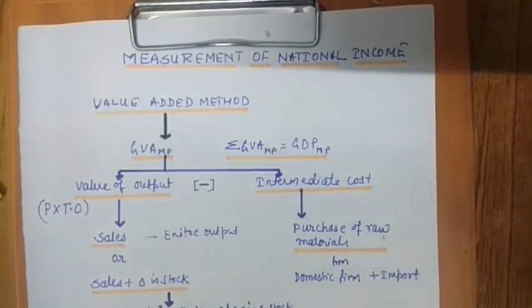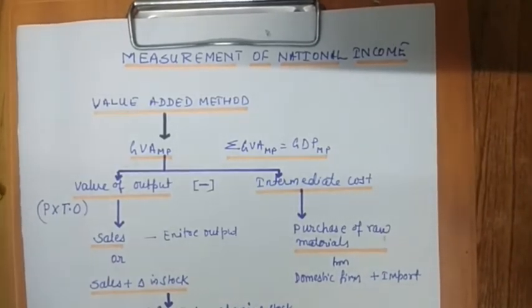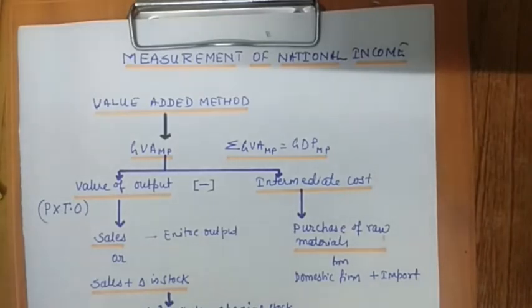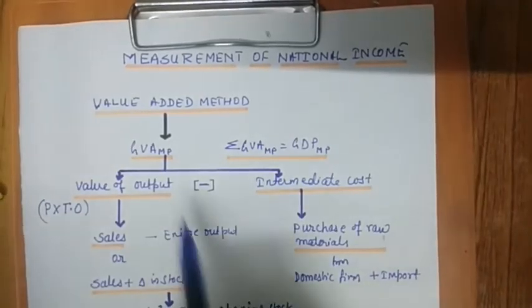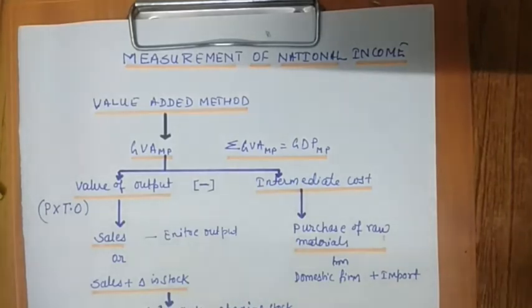If export is given, sales is given, you will not take up export because export is already included in sales. Next, production for self-consumption is also included in the value of output. Most of the time students exclude it, but remember it, production for self-consumption is also included. So this was all about value of output.